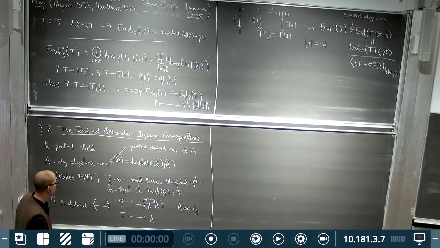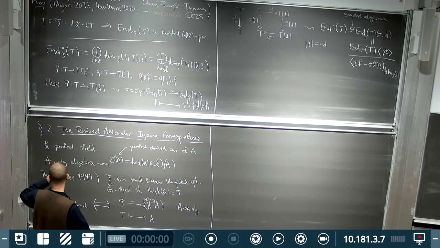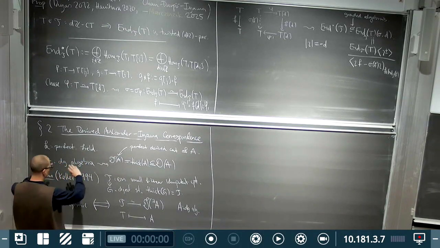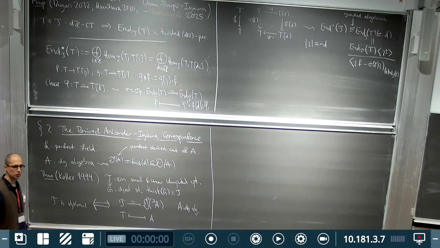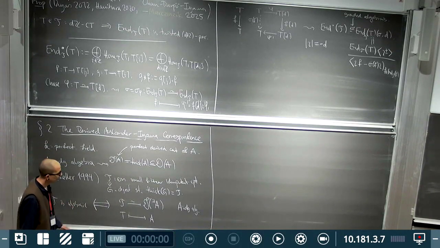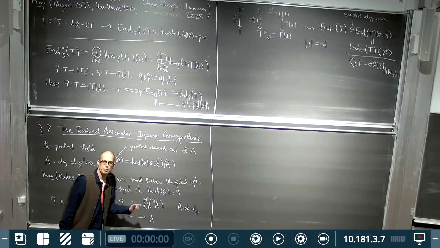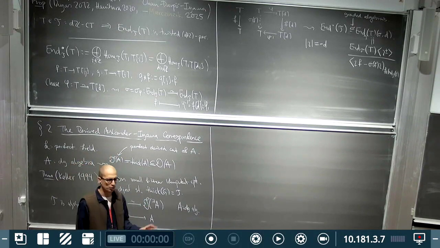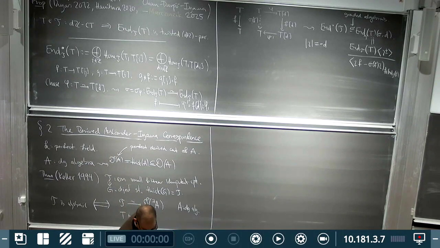So, in other words, in the context we are interested in, cluster tilting objects fit in this recognition theorem. Once I assume the ambient triangulated category to be algebraic, we can actually rather work with perfect derived categories of DG algebras. So now we make our problem more concrete.